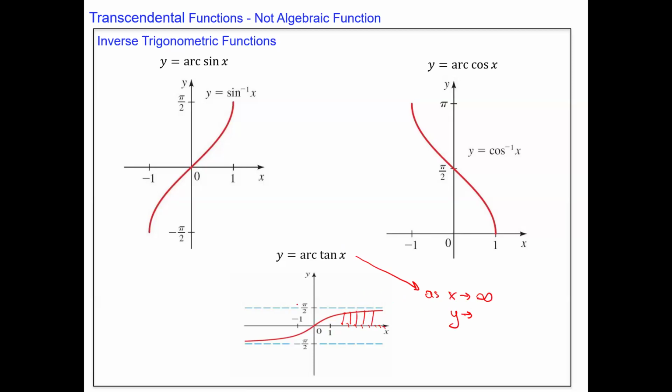They do not go to infinity. They are bounded by the value pi over 2. And as x goes to negative infinity, the values are limited by negative pi over 2. It's quite helpful to know, because we will use this a lot. That's the end behavior of arc tangent of x.